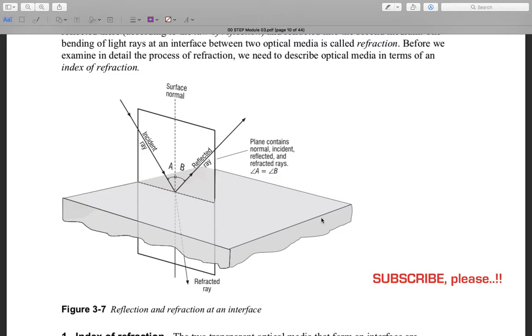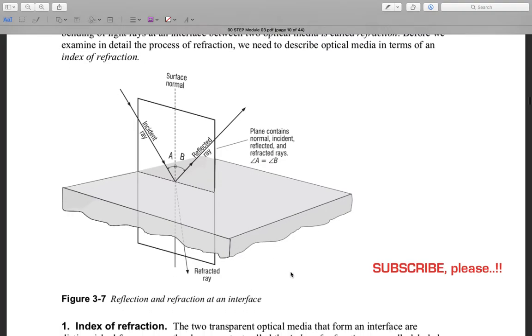This is the plane containing the normal, incident, reflected and refracted rays, where angle A equals angle B. This is actually the law of reflection. You can see this is reflection and refraction at the interface. Okay, we continue again.